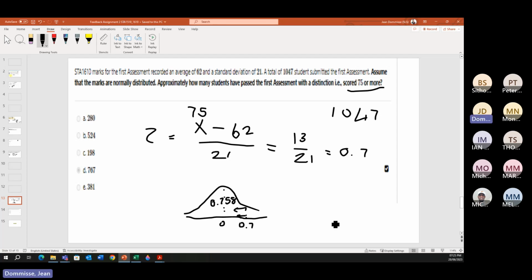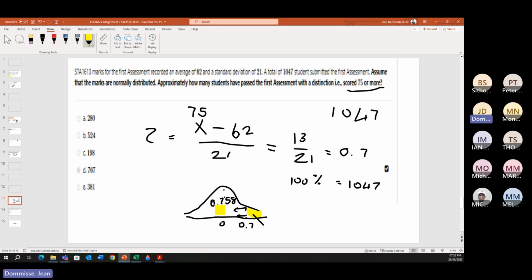Now to nearly explain what we need to do. If this whole diagram is how many students there are, so if there's 100% of students, they will represent the 1047 students. We want to see how many of them scored 75 or more, so we want this smaller area.